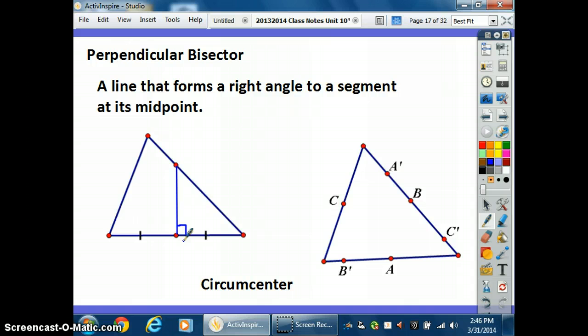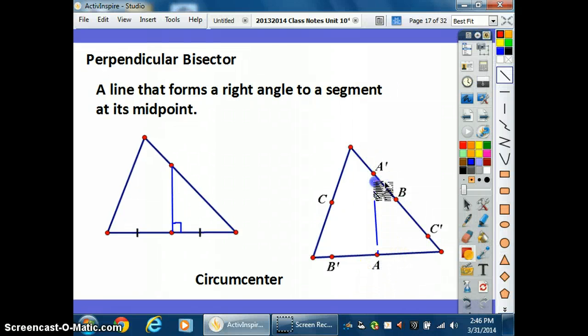Now again, I've helped you out with this. I said A is to A prime, C is to C prime, and B is to B prime. Those are all perpendicular bisectors.